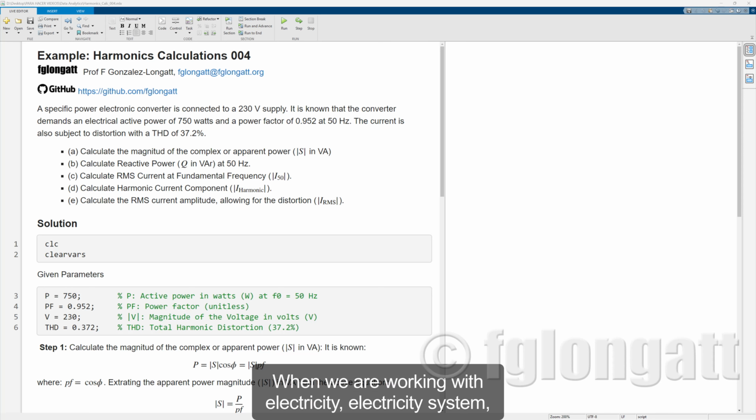When we are working with electricity systems, a very important aspect is dealing with power electronic converters. Those power electronic converters can create some distortions in the electrical signals such as voltage or currents. And those disturbances we call harmonics.